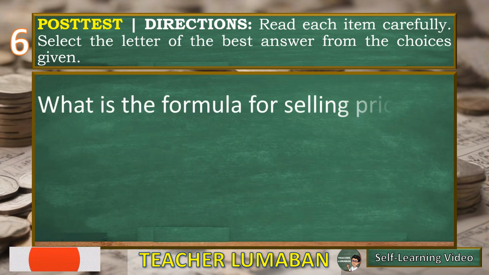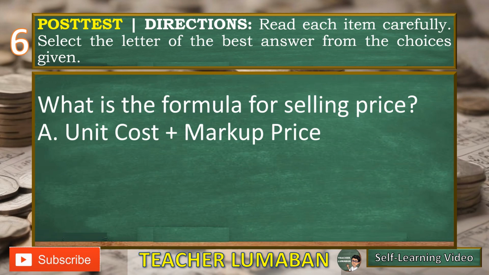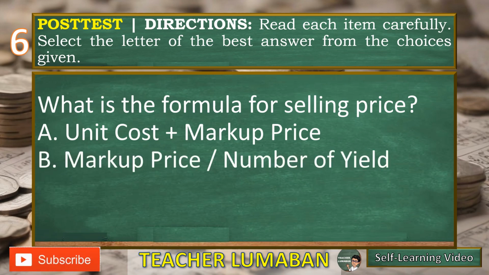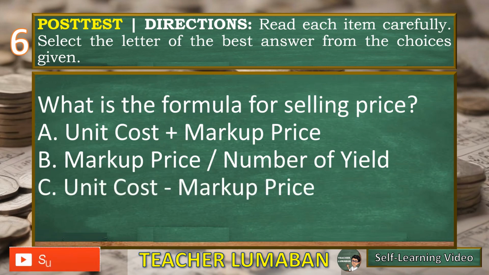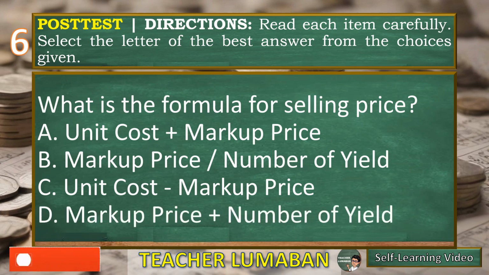What is the formula for selling price? A. Unit cost plus markup price. B. Markup price / number of yield. C. Unit cost, markup price. D. Markup price plus number of yield.